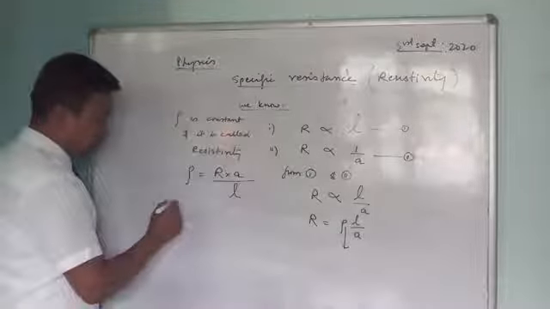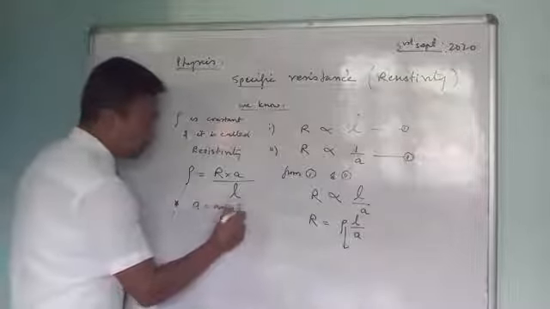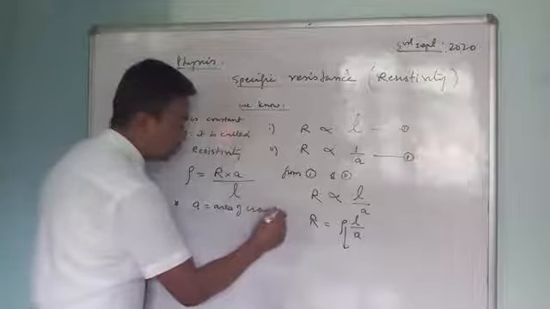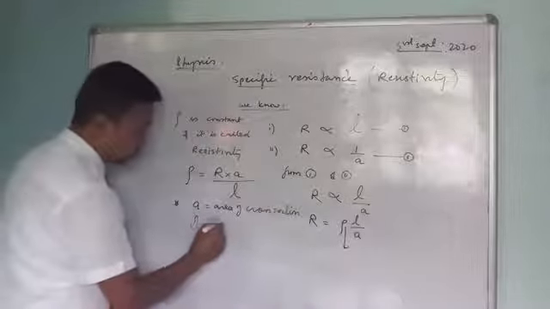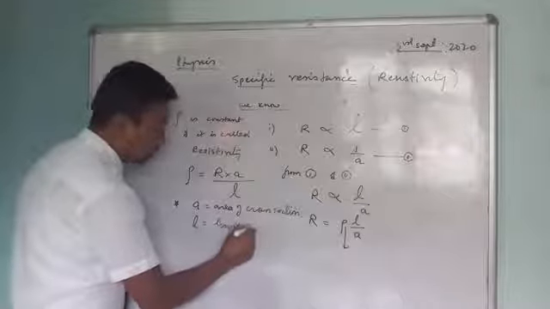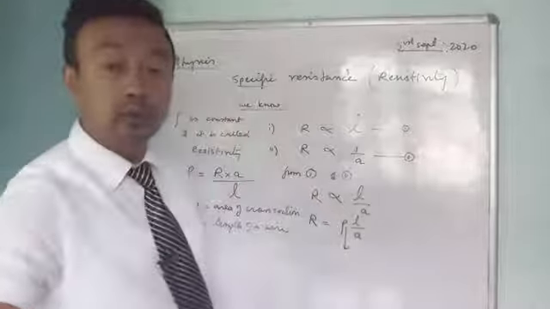So now note, A is the area of cross section of a wire, L is the length of a wire or a conductor.